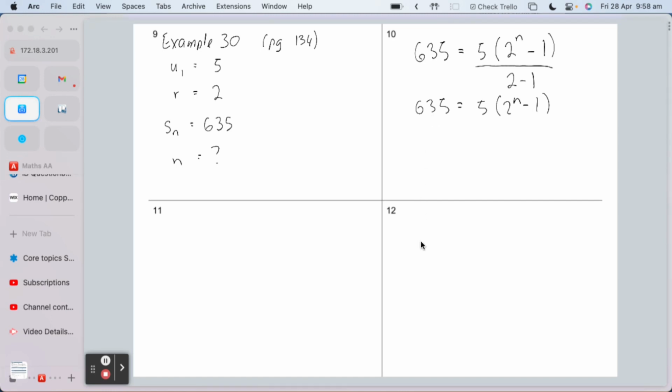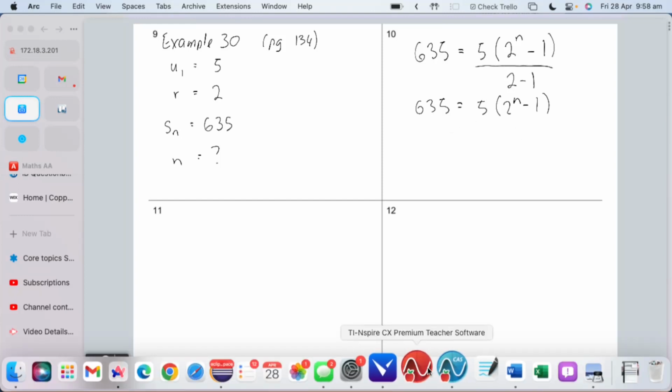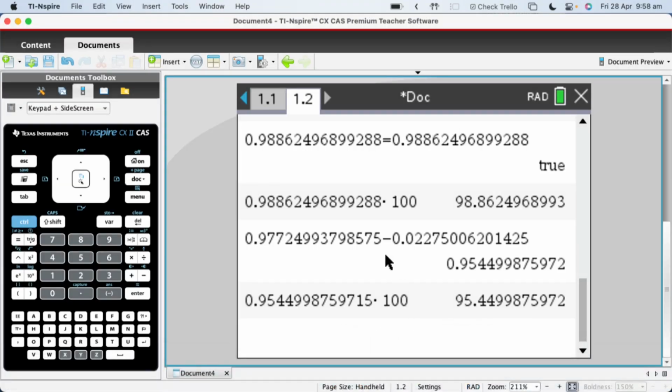But better than that, once I've simplified the expression a bit, just to make it easier for myself, I can then go into CAS, into my graphics display calculator, and I can use a function to solve for n.